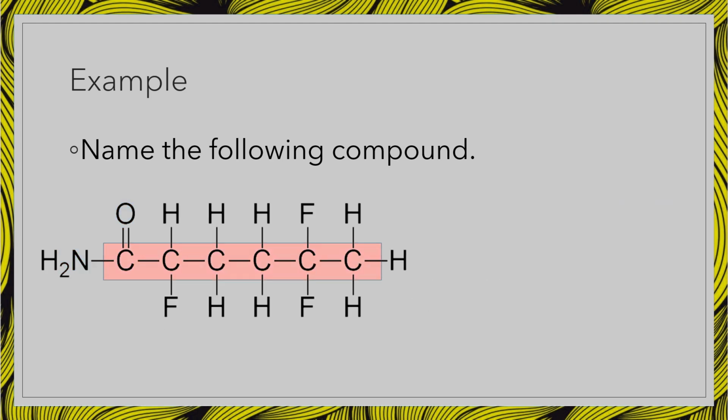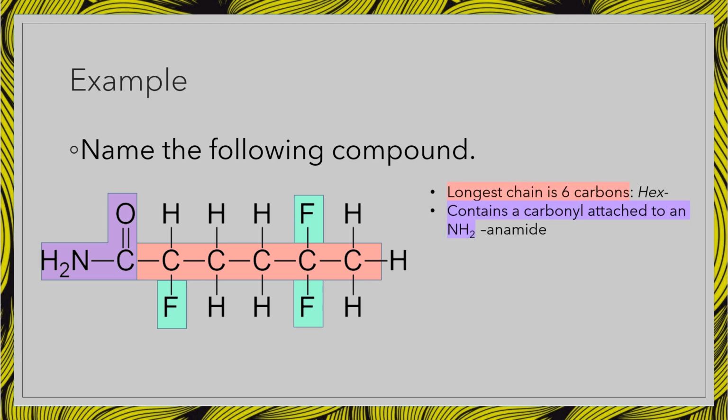Lastly, 1, 2, 3, 4, 5, 6. So it's going to be a hex-. And there's our amide group. So it's hexanamide. So look at the substituents that are attached. We have 3 fluorines. So our longest carbon chain is 6, so it's hex-. It contains that carbonyl attached to NH2, so it's an "anamide". 3 fluoros, but what numbers are they on?